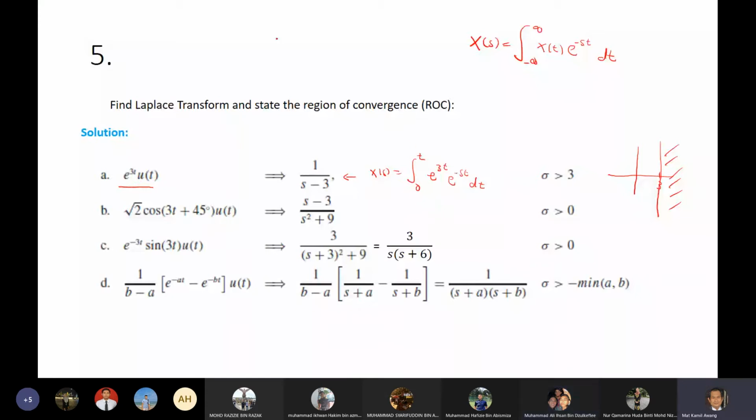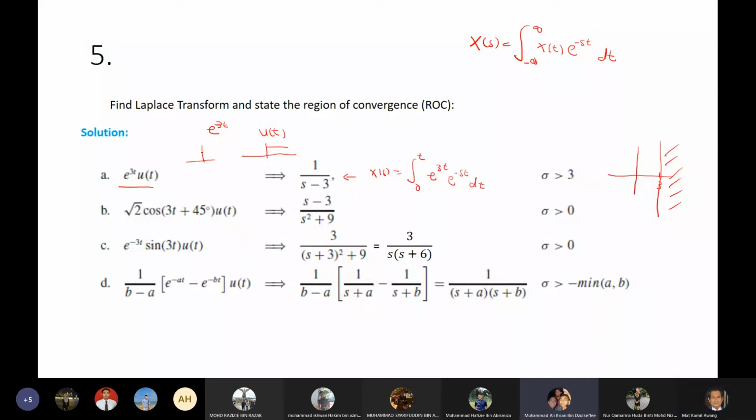Remember in the signal function, basically you have two functions. One function is e to the power of 3t, and another one is u of t. How does u of t look like? e to the power of 3t looks like a bowl. At 0 it is 1, somewhere here, so basically it's going up.